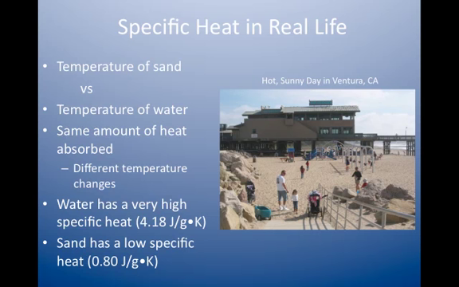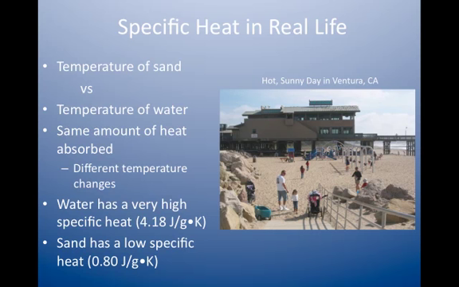You can see that's a huge difference, a little bit over 5 times higher for water compared to sand. That's why sand seems so much hotter compared to water, even though it's the same energy on the same day. Sand doesn't hold on to heat very well. Its temperature will just skyrocket, even with very little energy being supplied to it.